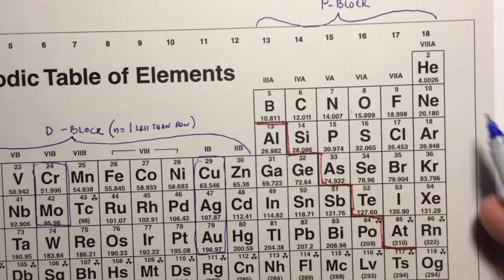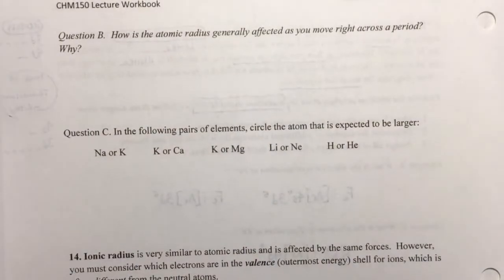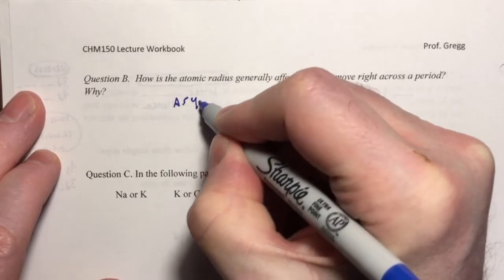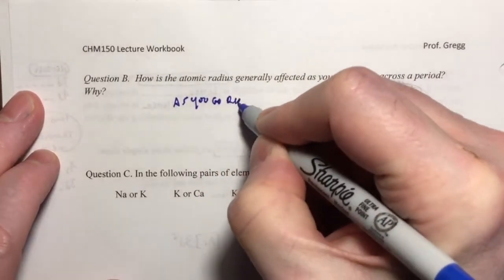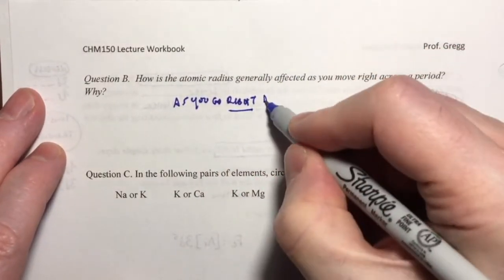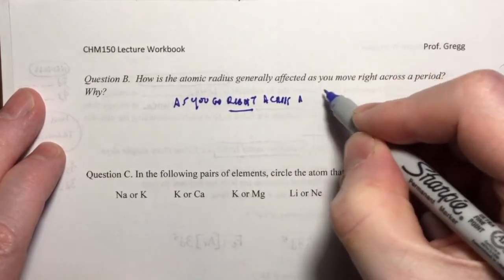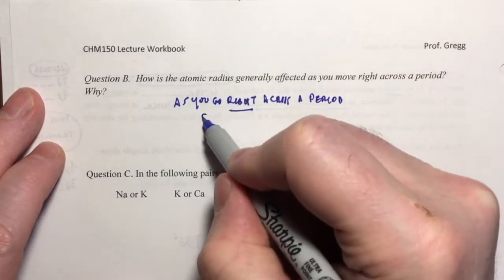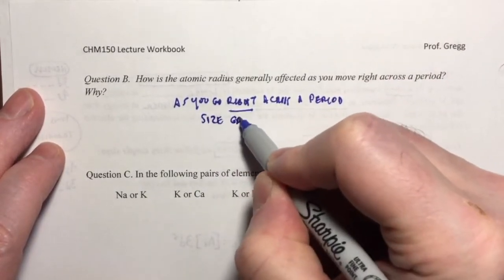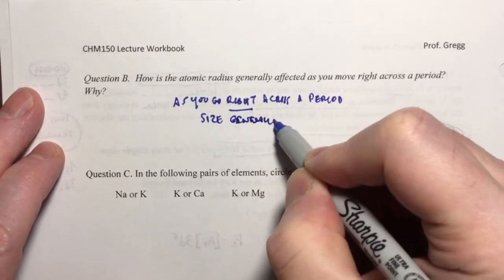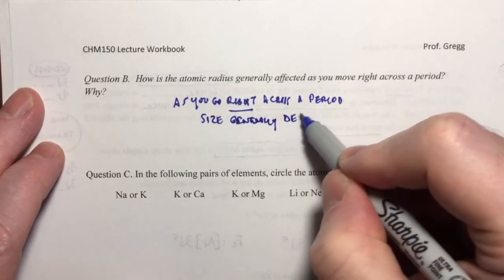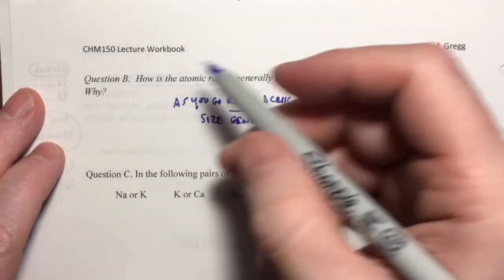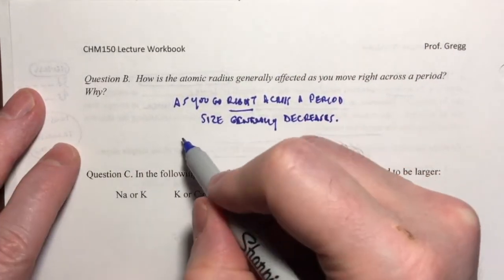So the general trend as you go right across a period or a row is that size generally decreases. Why? Because the number of protons increases.